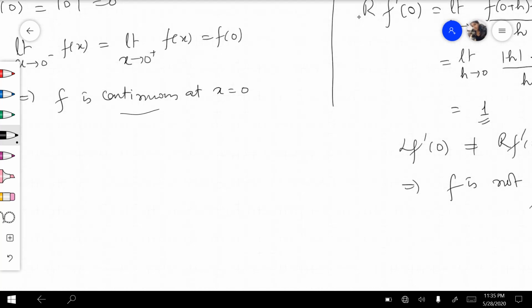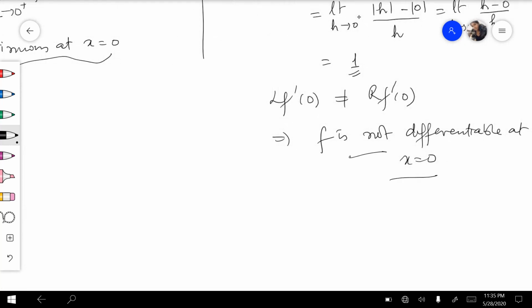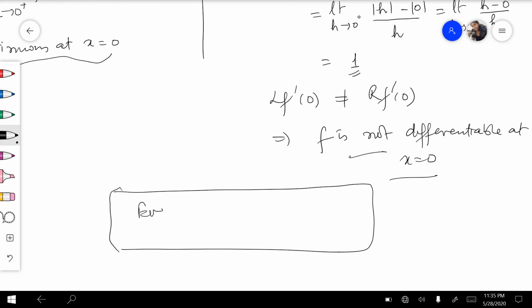Earlier we have proved that it is continuous, but here we are showing that it is not differentiable at 0. That means every continuous function need not be differentiable.